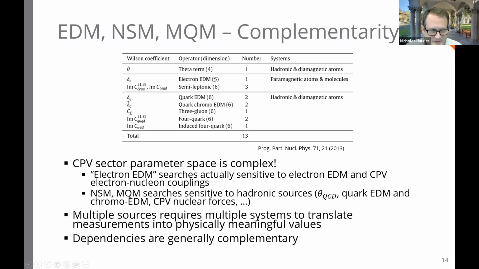You have to do a bunch of them. So you need multiple sources from EDM experiments, nuclear experiments, everything. And the dependencies are generally complementary. Two different molecules or atoms usually have different relative sensitivities to these things.